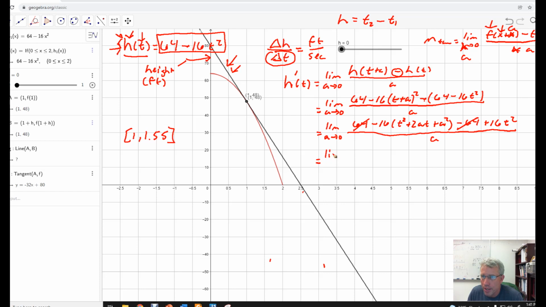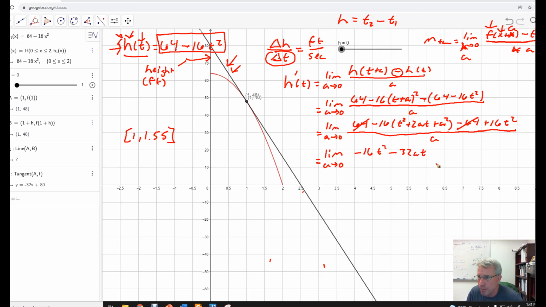So moving down a line, the limit as a goes to 0. Distribute the minus 16 into the parentheses right here. So I'm going to get minus 16t squared. Minus 16 times 2 is minus 32at.